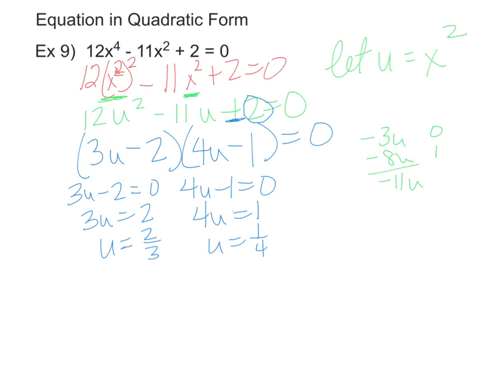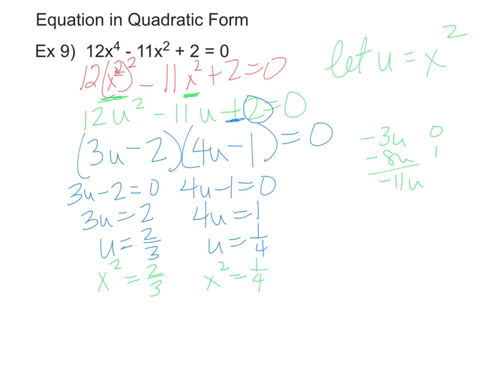Now here's the kicker on this problem. Did I start with a u as my variable? No, we did not. We made the substitution. Because we made that substitution, I started my problem with an x. So you have to end your problem with an x. Sub that back in. So I now have x squared actually equals 2/3, and x squared actually equals that 1/4.